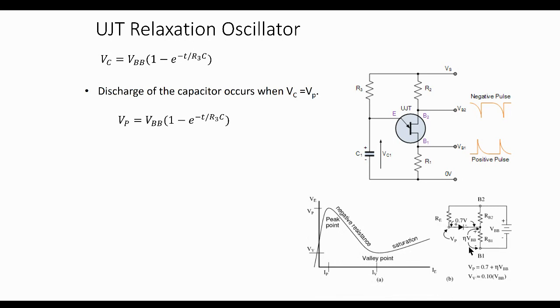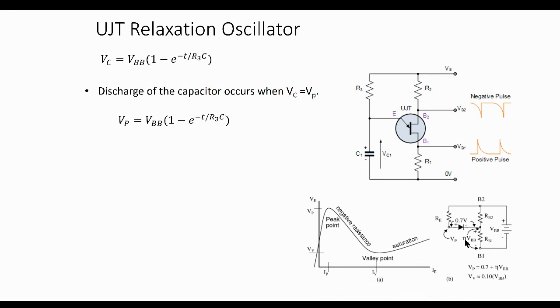So the peak voltage at this point: we have 0.7 volts across the diode in the model, and then we'll have the intrinsic base voltage multiplied by the intrinsic standoff ratio right there.